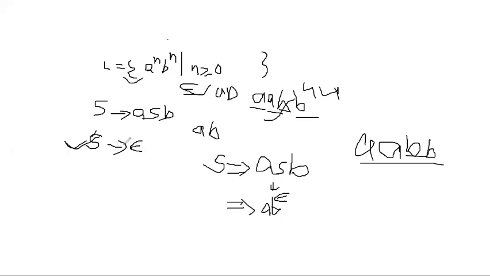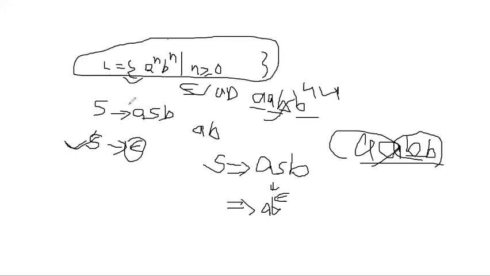But here S implies epsilon is there. So whatever the number of A's followed by the number of B's, we need to take the ASB substitution those number of times and finally replace S with epsilon. In this way, based on the language, first write some inputs, whatever inputs you can get, and based on that start writing the grammar.